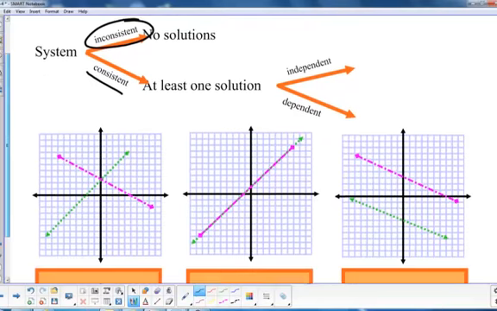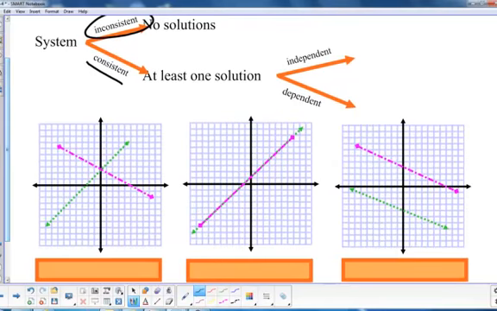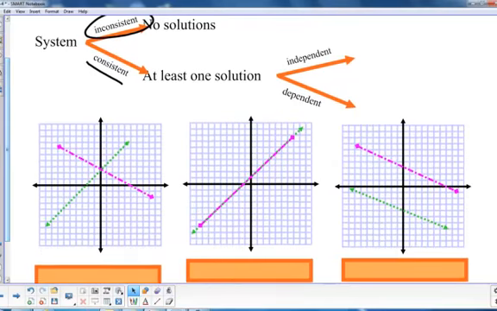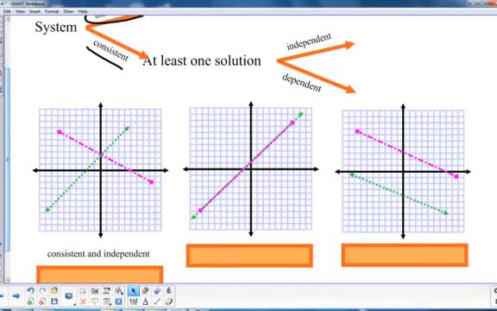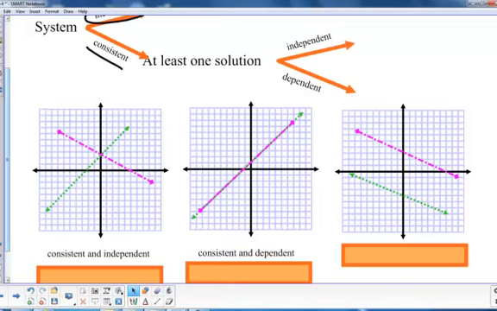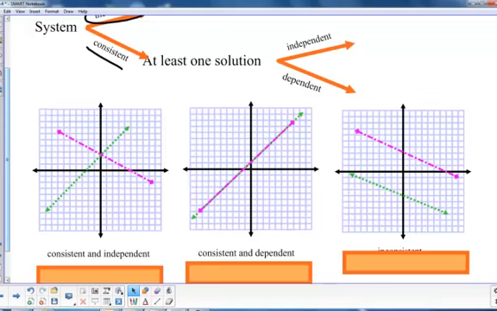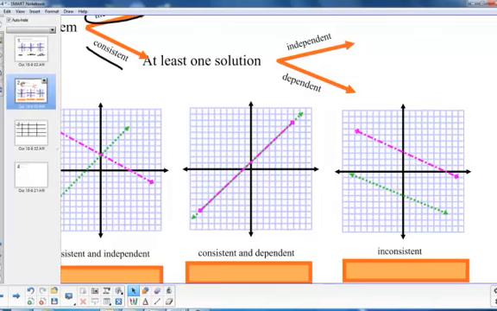So this first one would be consistent because it has a solution, and then it's independent because it only has one solution. The second one would be consistent because it has a solution, and then it would be dependent because every single one is the same. And the last one would be inconsistent because there are no solutions.